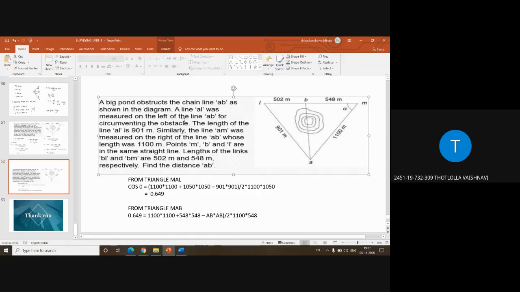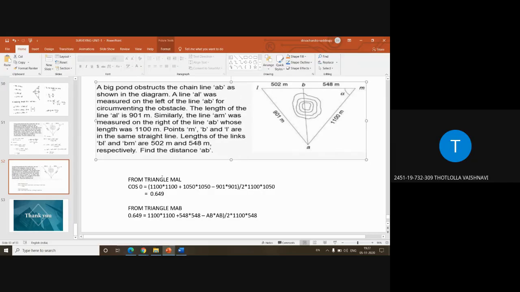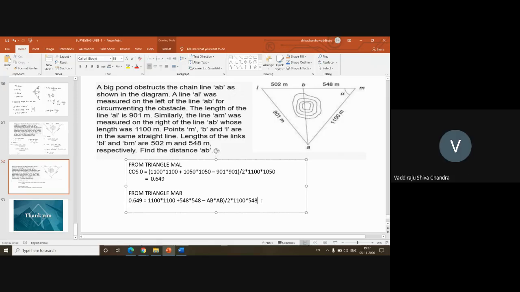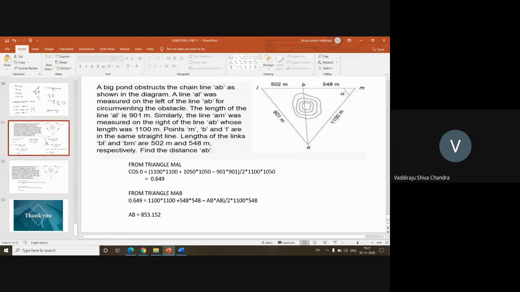So what is the value? Sir, I got 853.15 as the answer. Remaining people, please tell me what is the answer of AB? Sir, 853.152, sir. Others, any others, please respond.